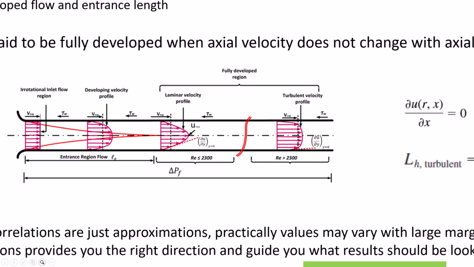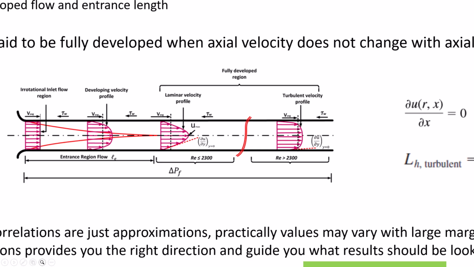If you take a look, in the case of laminar flow, when the Reynolds number is less than 2300, the flow behaves laminar, and the velocity profile, when the flow is fully developed, means the flow is not changing in the x direction, but the velocity changes in the y direction, the r direction. So what does it mean by the flow not changing in the direction?